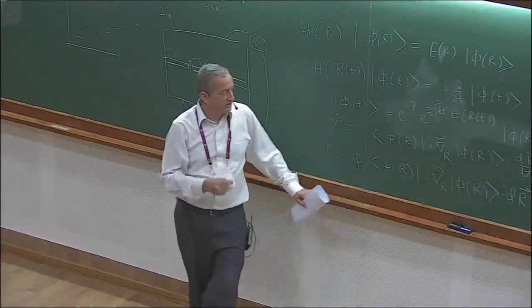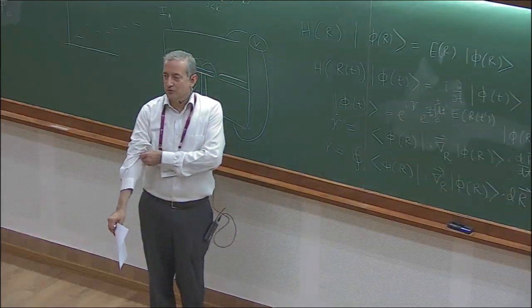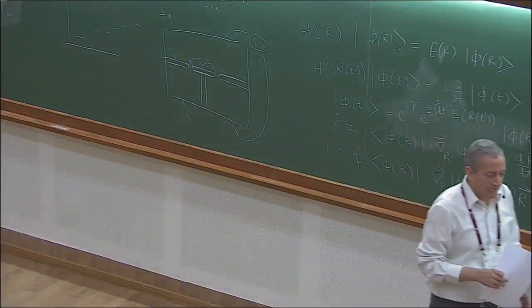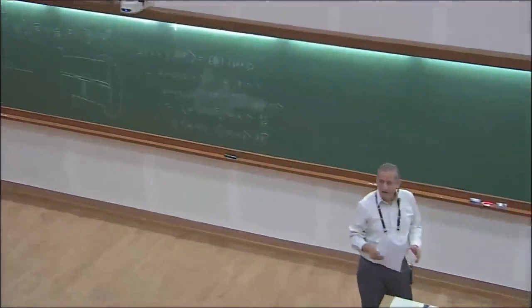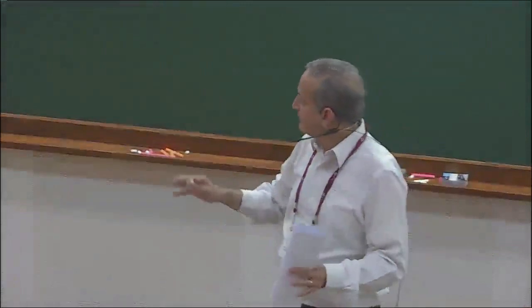I should say that actually the Aharonov-Bohm phase is more general, because it is correct even without worrying about adiabaticity and so on. But certainly this would give you the Aharonov-Bohm phase.